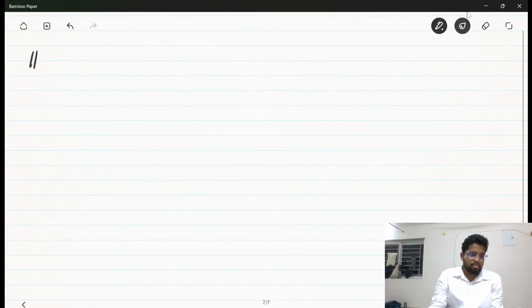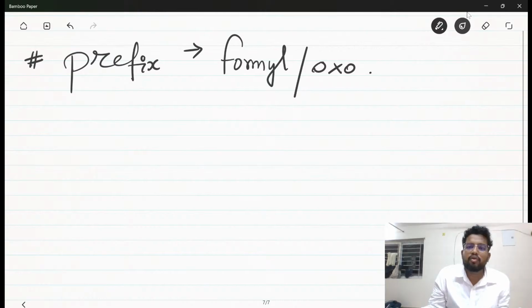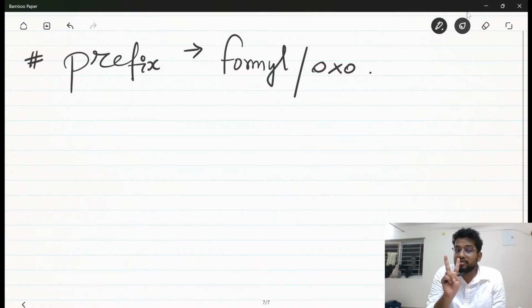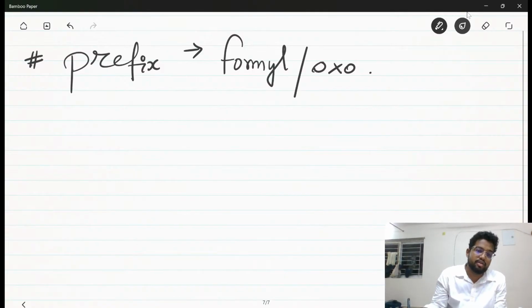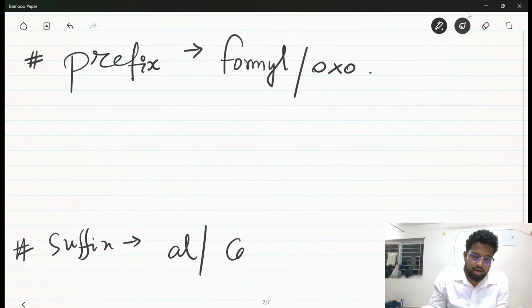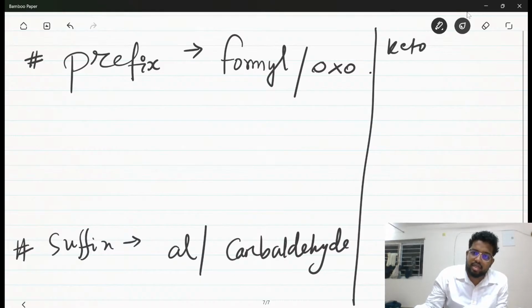So now here you see what is the prefix of aldehyde. Prefix is formyl or oxo. What do you mean by formyl? What do you mean by oxo? Two prefixes are there. I will show with perfect examples how and when to use what. Then suffix of aldehyde is al or carbaldehyde. Whereas the same thing for ketone does not have two options.